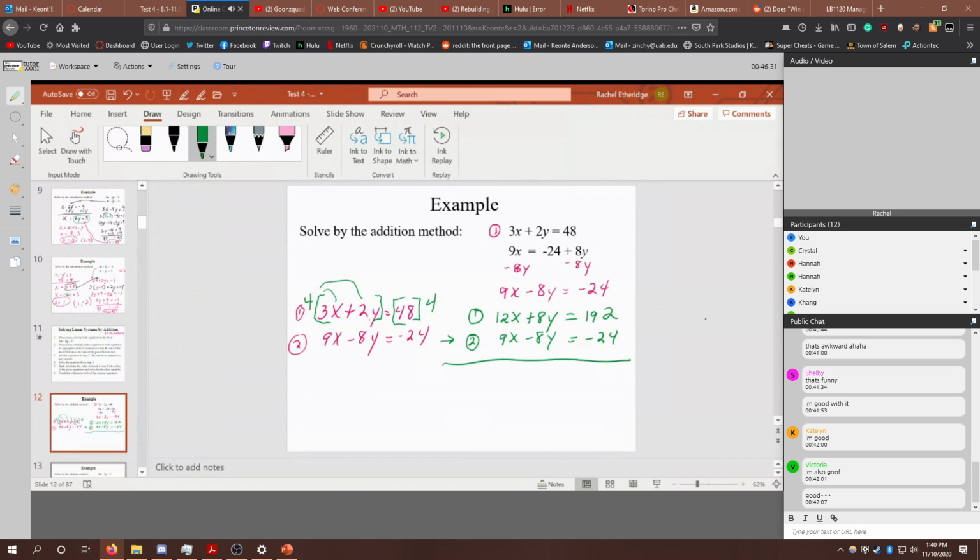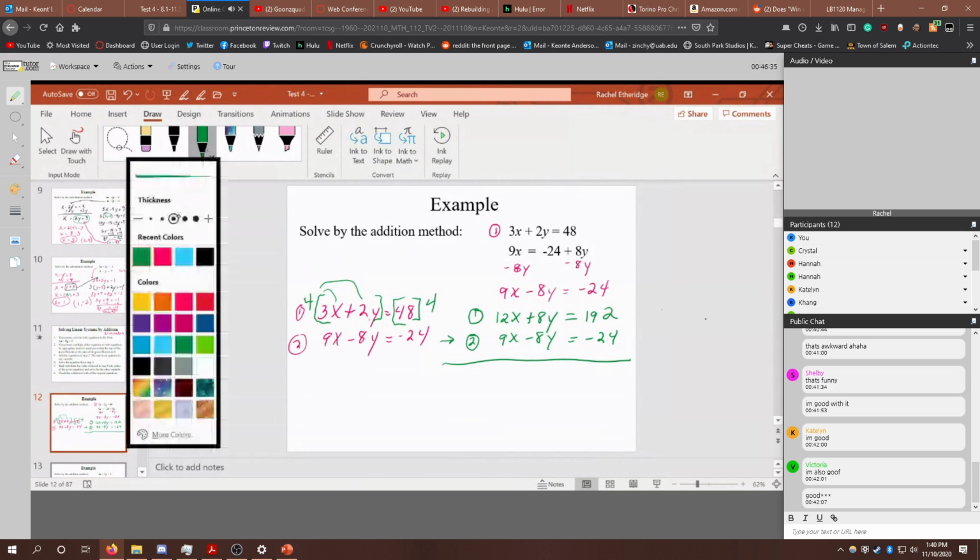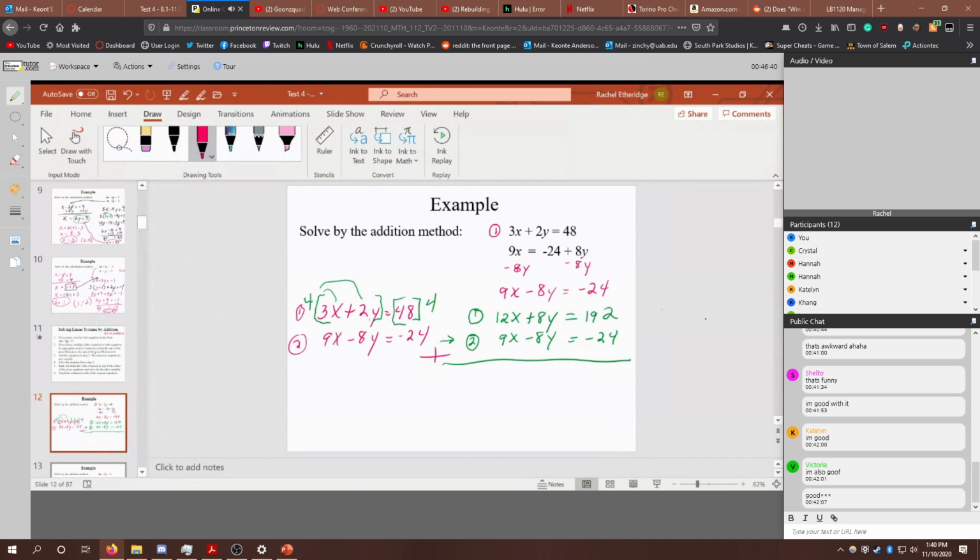And now I'm going to add. I'm going to add the two equations straight up and down. So I got 12 plus 9 is 21x. These cancel out to 0 because positive 8 plus negative 8 is 0. And then here I have 8.